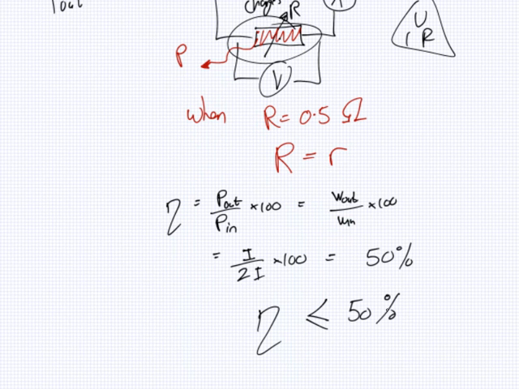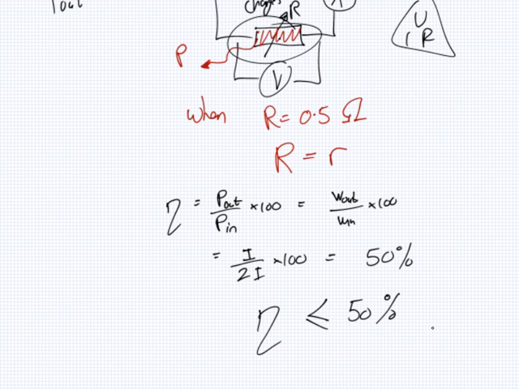So the most efficient this circuit could be is 50%. Finally, this should remind you of something we said in the previous chapter, that efficiency is never 100%. And for this circuit, the most efficient you can get it is 50%. Which means, when you have a battery, it has an internal resistance.